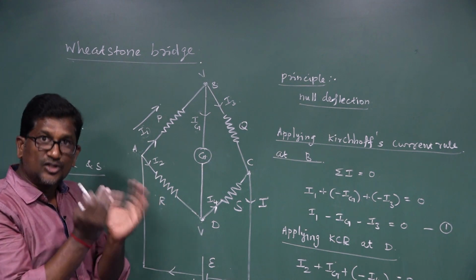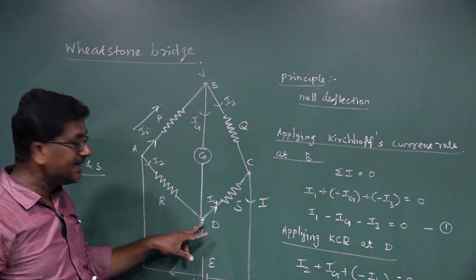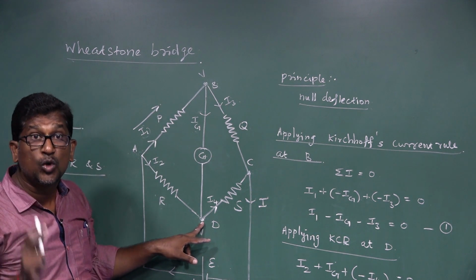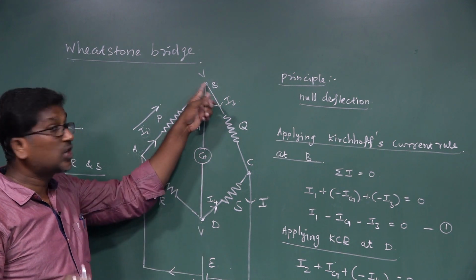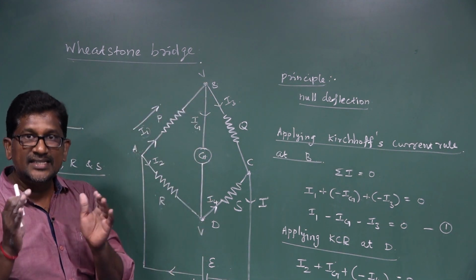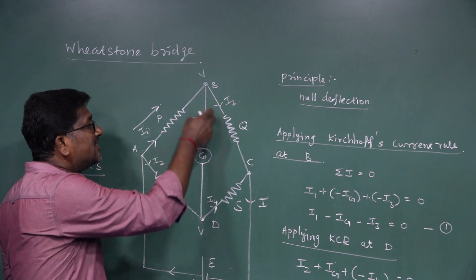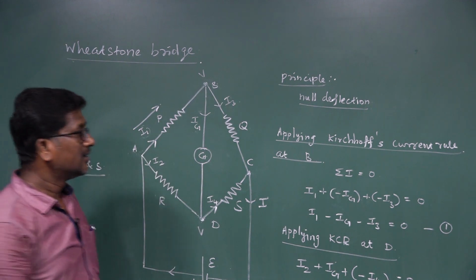So the potential difference across the points B and D is 0, which means there is no electric current flowing through the galvanometer. So first we assumed the electric potential at points B and D is the same. Electric potential at points B and D being the same means the potential difference between the points B and D is 0. In this situation, the Ig value is 0 because no current is flowing through this path. Right?